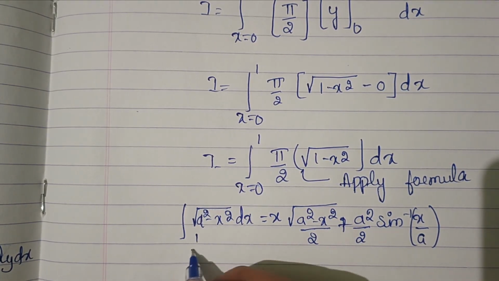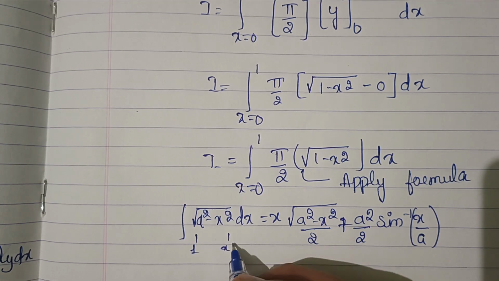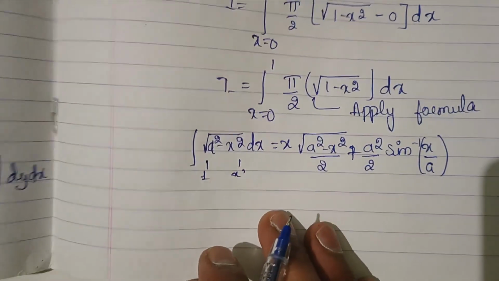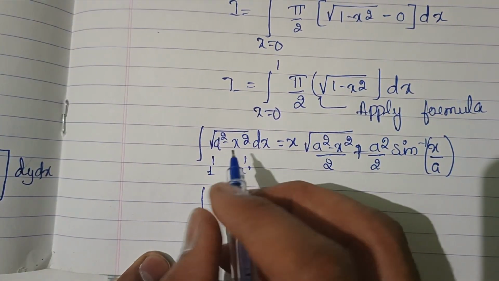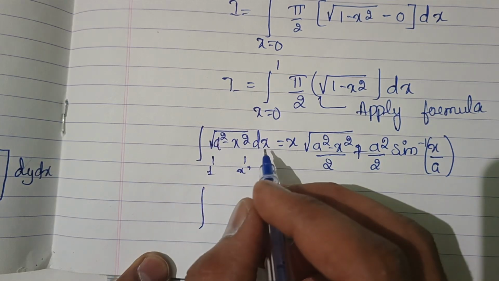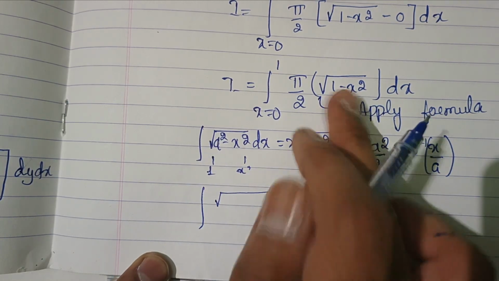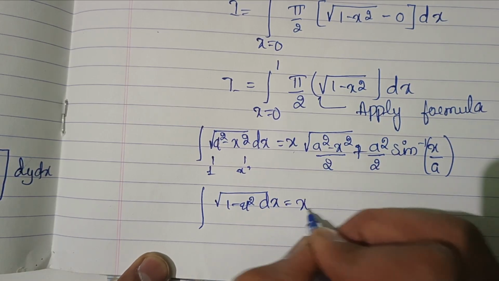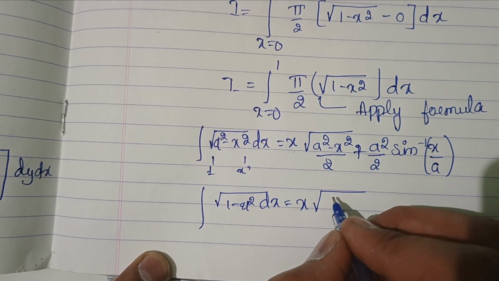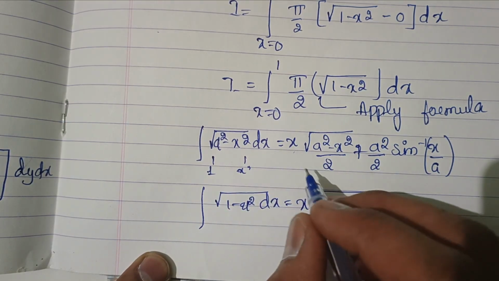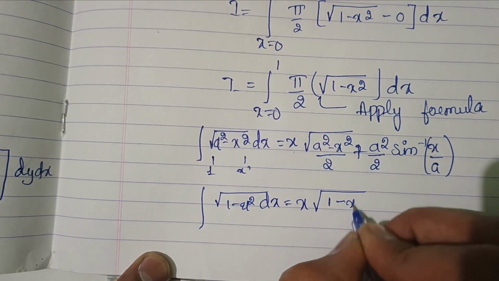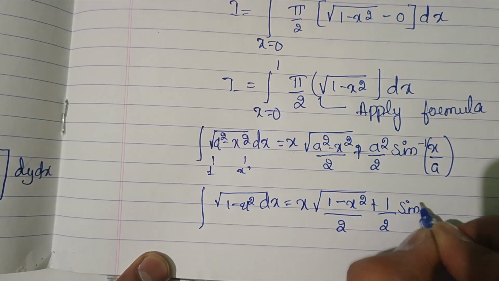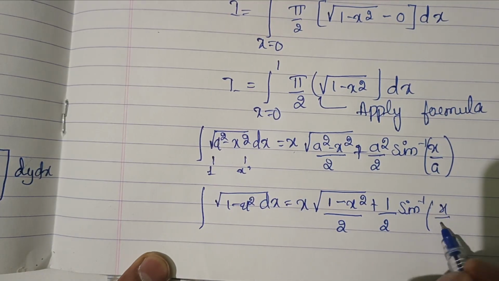So here a is 1, and x remains x. When we apply this formula, we get the integration of root of 1 minus x square of dx is equal to x of root of, wherever a is there we put 1, x remains x only, 1 square is 1, minus x square divided by 2 plus 1 divided by 2 of sine inverse of x divided by 1.